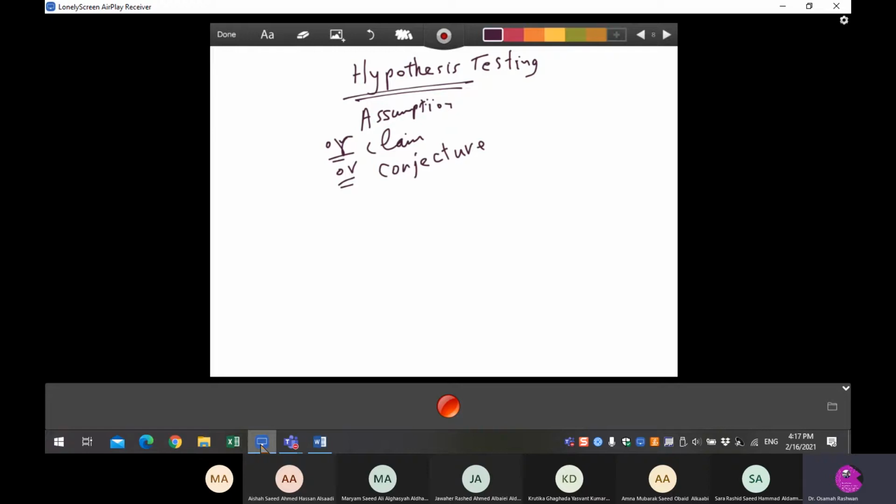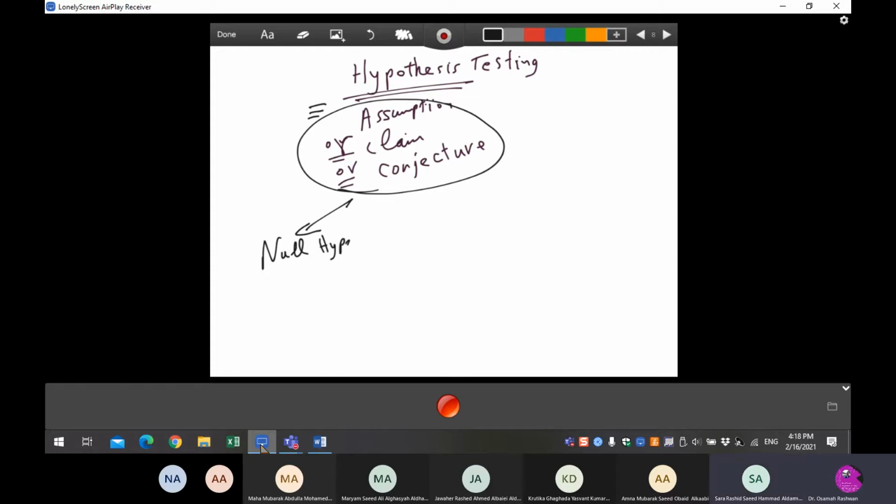How many types of conjecture or claim, or hypothesis, do I have? I have two. You have the null hypothesis, and you call it H naught. And you have another one called the alternative hypothesis, and this is your original claim.